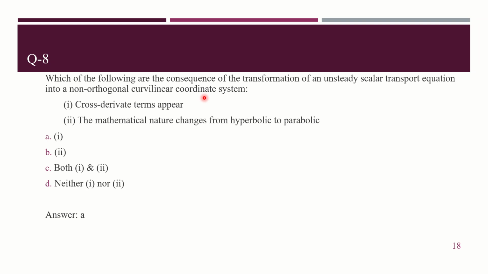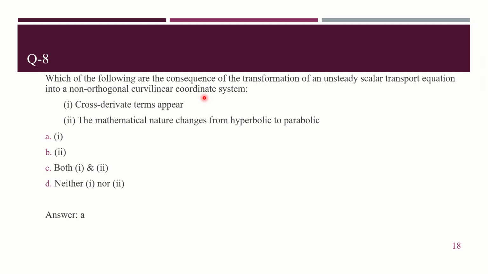A similar question we have seen in the last class itself. In that question, I remember it was asked regarding the transport of an elliptic equation and whether any mathematical nature changes. In that question itself we have seen that mathematical changes do not happen.